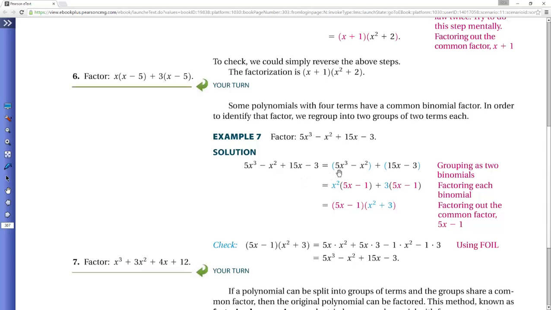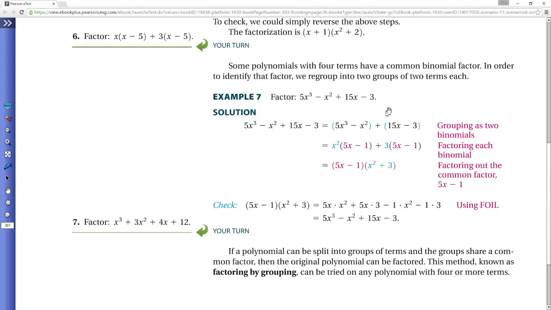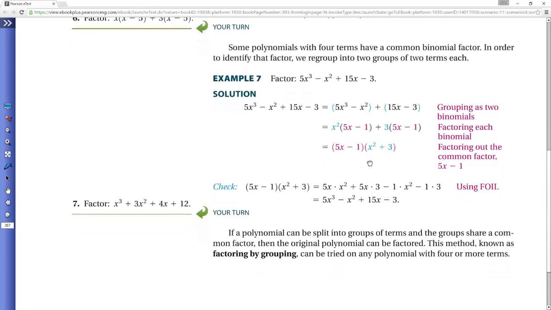Well, they group the first 2 terms and the second 2 terms together, because when I find the common factors here, which is x squared, I end up with x squared times 5x minus 1. And right here, if I find a common factor of 3, I get 3 times 5x minus 1. Hey, inside these grouping symbols are now the same, and I can factor out to here.